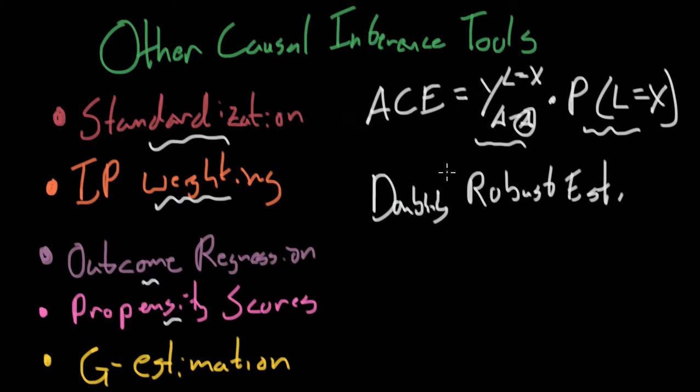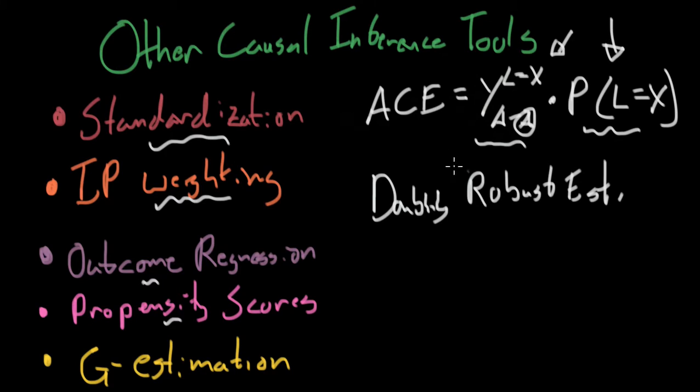So remember, when we had standardization before, we had one problem, and that was we needed one new assumption in order to do the parametric G formula, in order to deal with these confounders that were continuous. This assumption was that your model was not misspecified. This is a big assumption. With IP weighting, you need the exact same thing, except the model is different. You're not looking at the model for the causal effect. You're instead looking at the model for the probability of the confounders in the population.